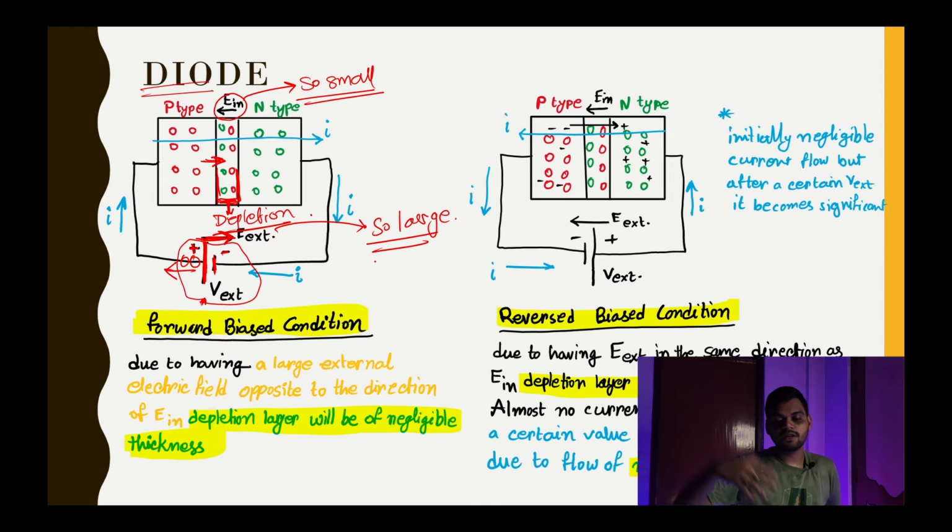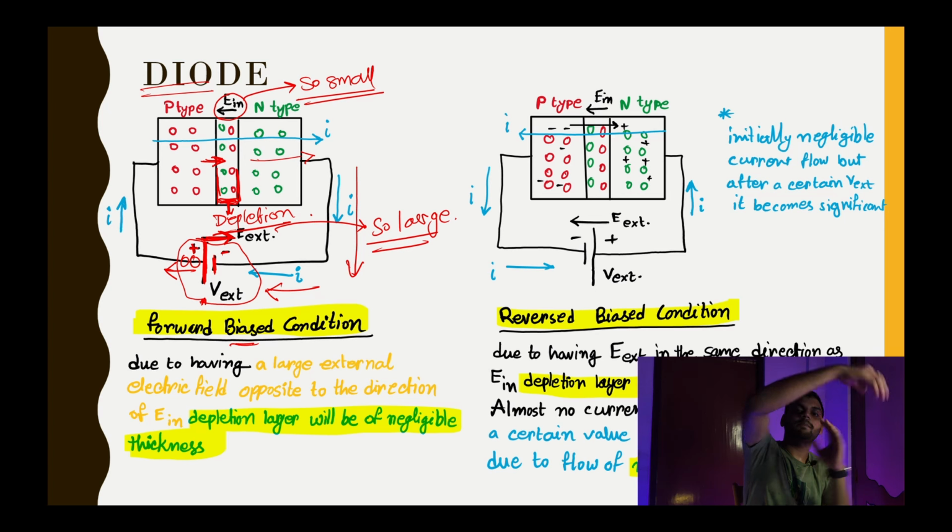Due to that support, the external battery's electric field, or you can say the potential difference, is much larger than the internal potential difference in the diode, so it will make it across the n type semiconductor and will eventually go towards the cathode of the battery. And this scenario is called forward biased, where we connect the anode of the battery to the p type semiconductor and the cathode of the battery to the n type semiconductor. We get it as the forward biased condition.